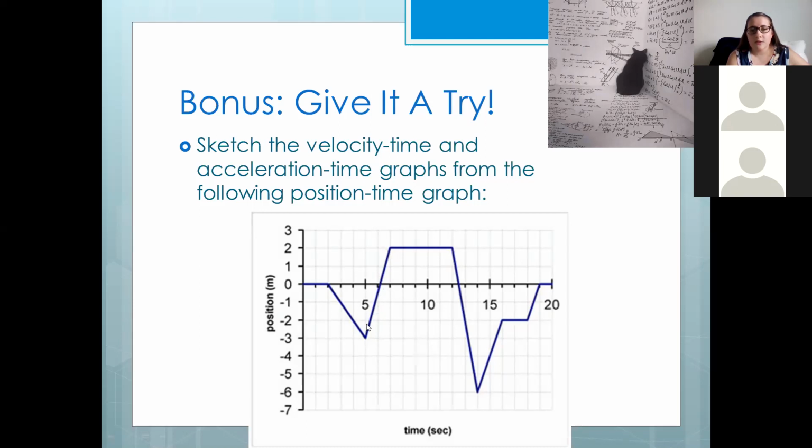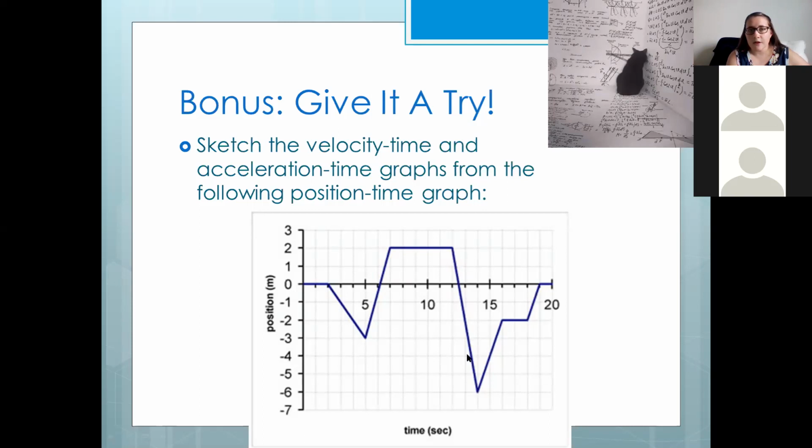The slope of this line is 2.5, so you would draw a flat line on our velocity graph at 2.5 from 5 seconds until 7 seconds. And then for this big chunk right here, from 7 seconds until 12 seconds, our position is not changing. So again, we have a velocity graph flat at 0 from 7 until 12 seconds.